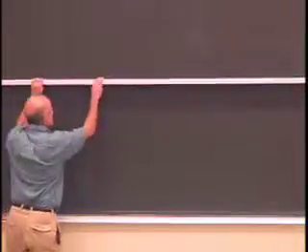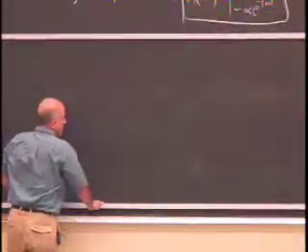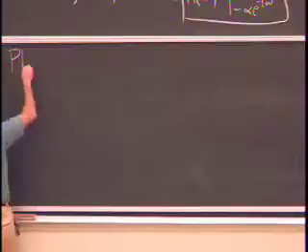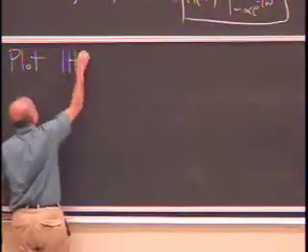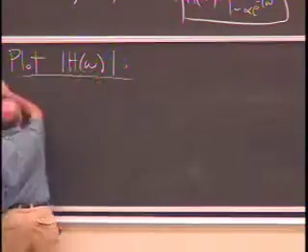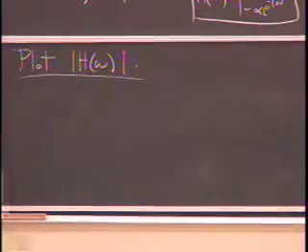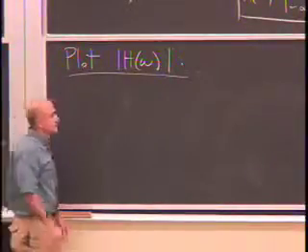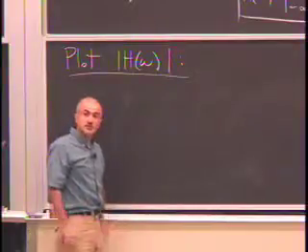Now let's talk about the frequency response, in particular the magnitude response. So plot h of omega. This is where we start using some geometric reasoning to get a feel for how this filter behaves.